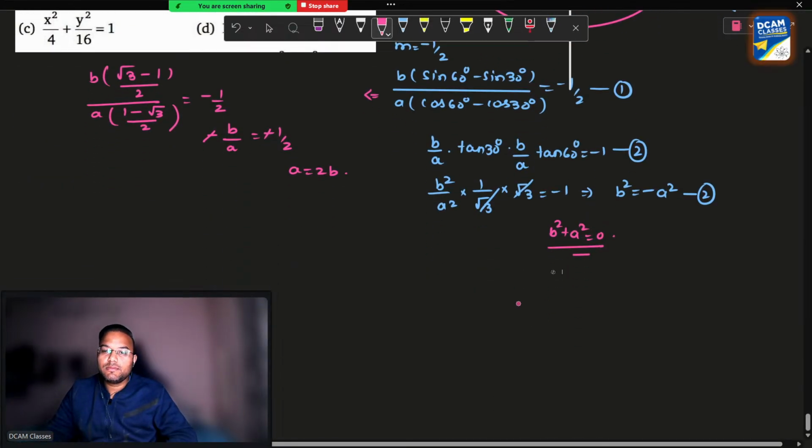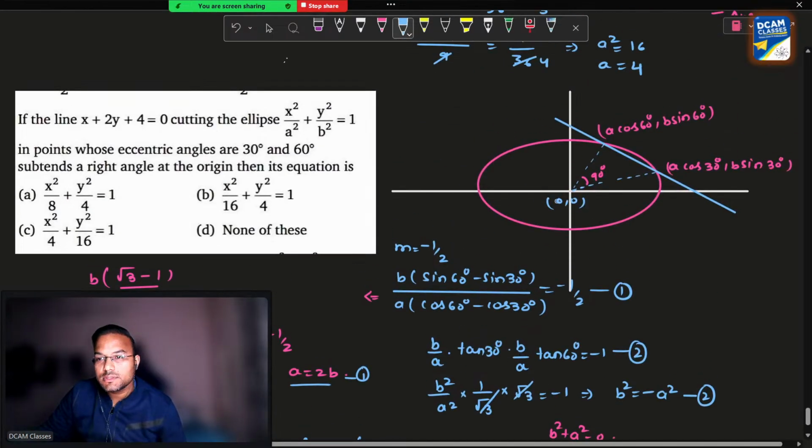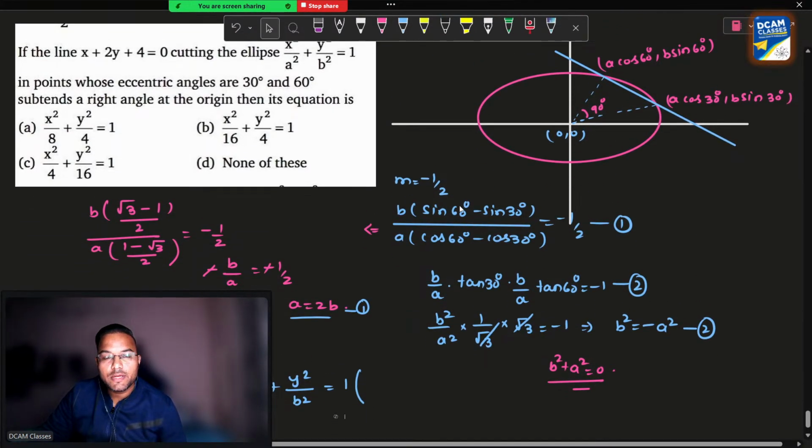There is one more way. We homogenize this equation: we have x square by 4b square plus y square by b square is equal to 1, into, what's this equation, x plus 2y by 4.